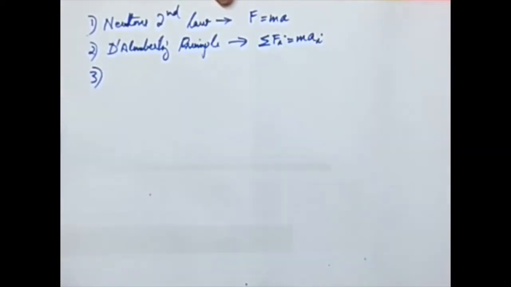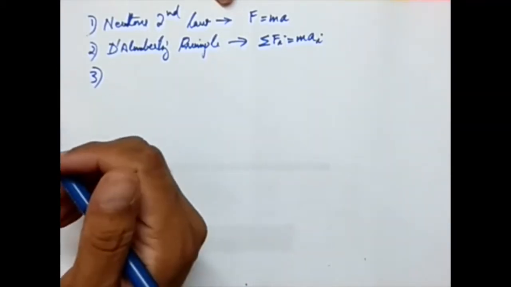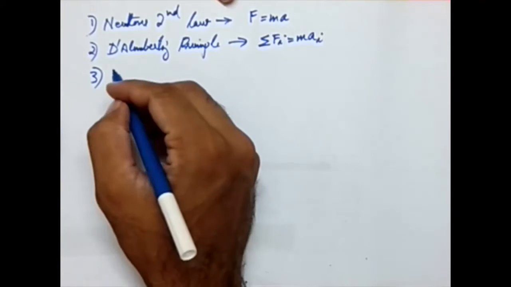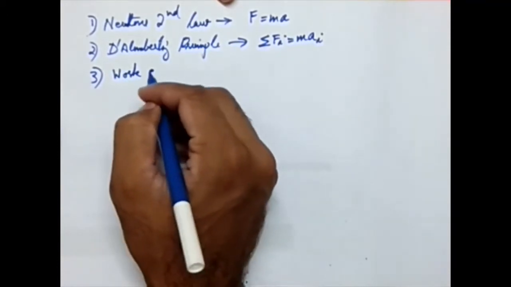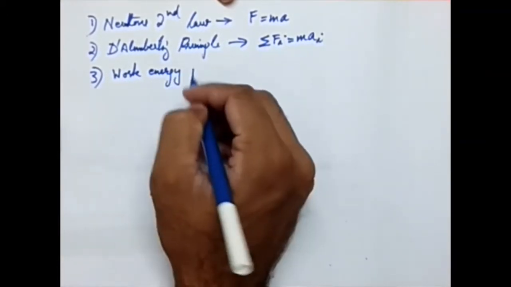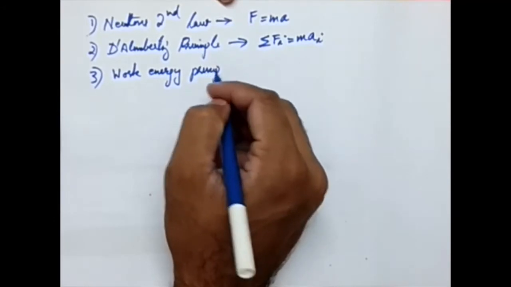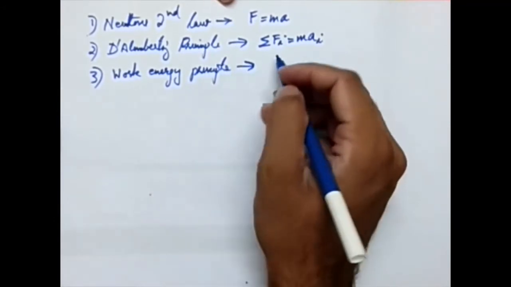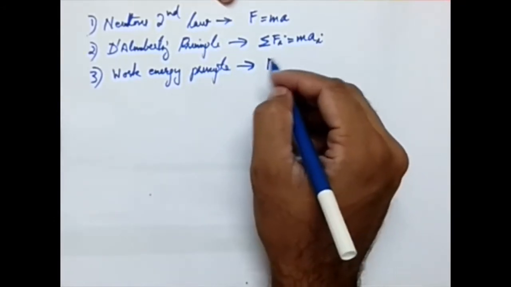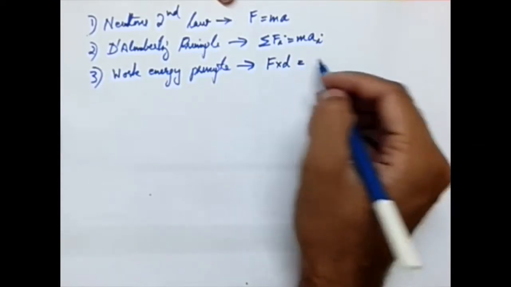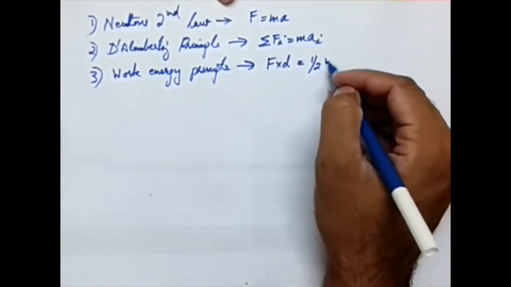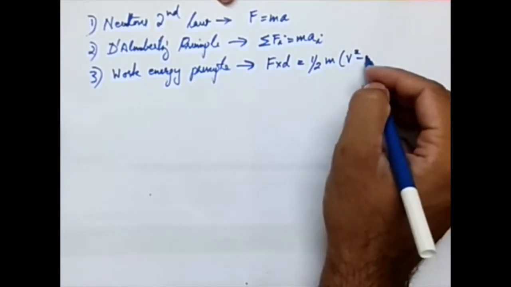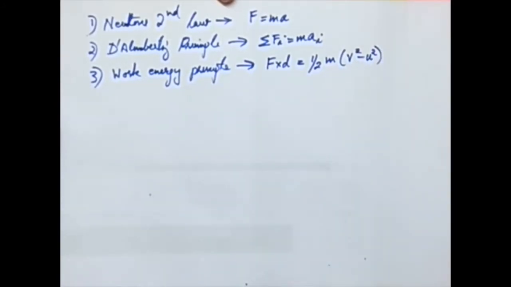And then we have seen an expression which talks about the work energy principle, in which we said that the work done, which is F times d, is equal to the change in kinetic energy, that is half m (v square minus u square).